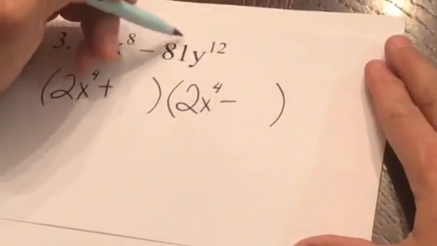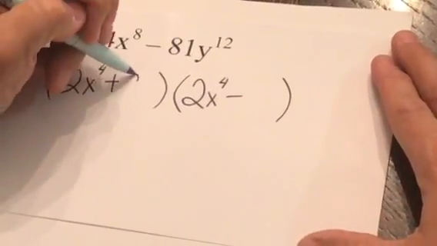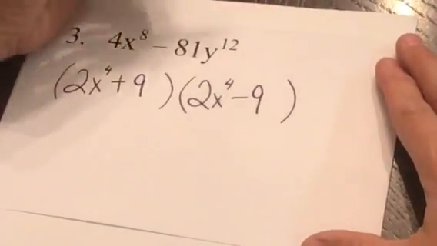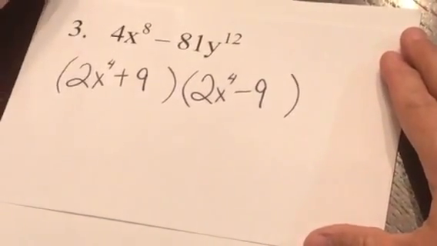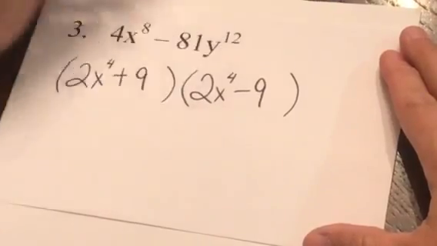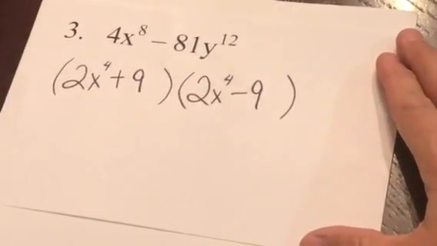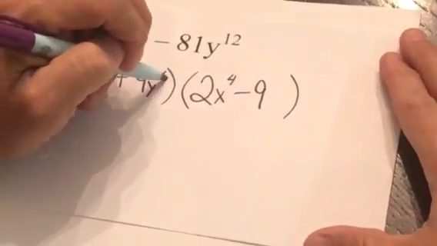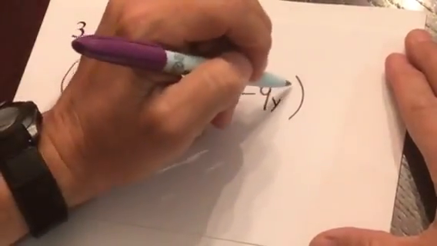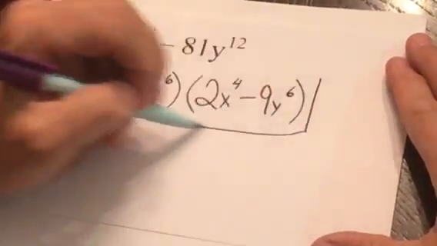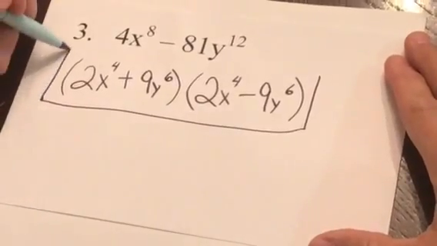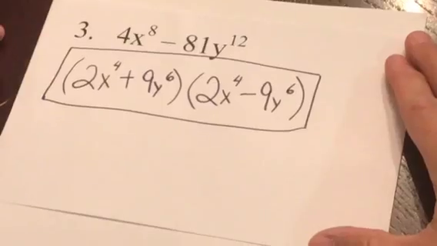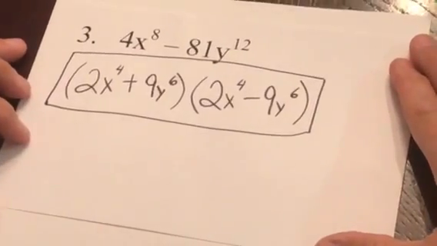Again, going back to the calculator, the square root of 81 was 9 and 9. Y to the 12. How can we split up 12 so it's the same number of y's in each parentheses? Y to the 6, y to the 6. And that gives us our final answer for number 3.